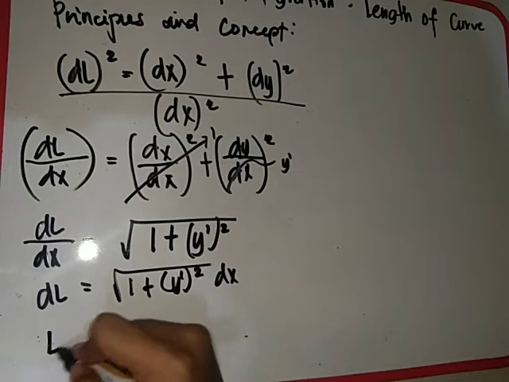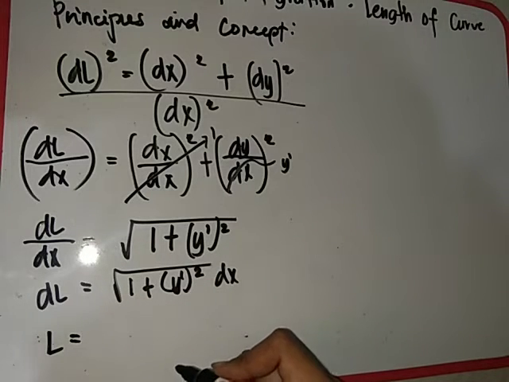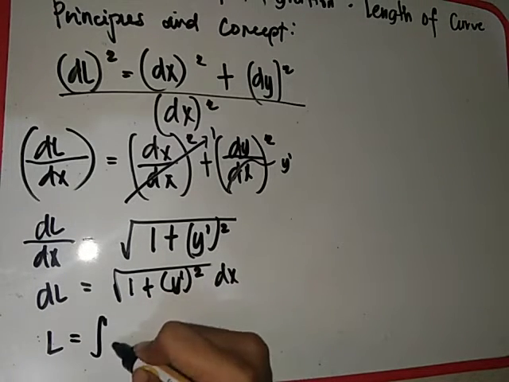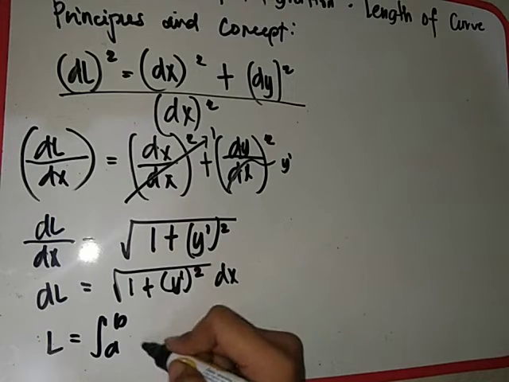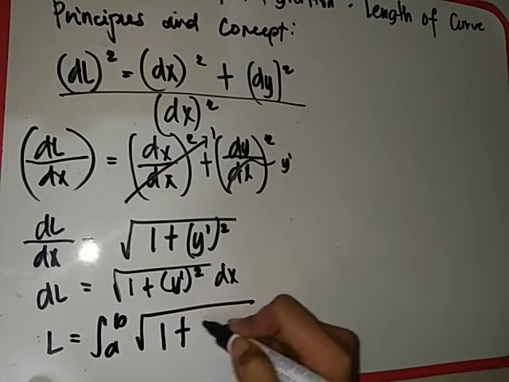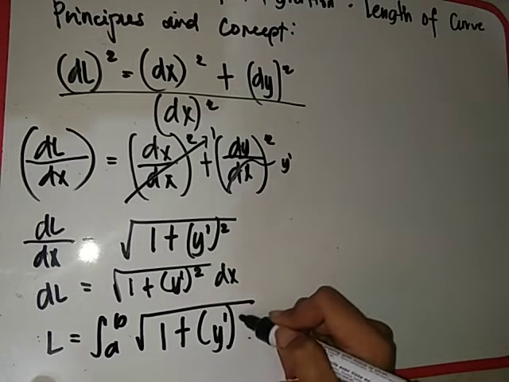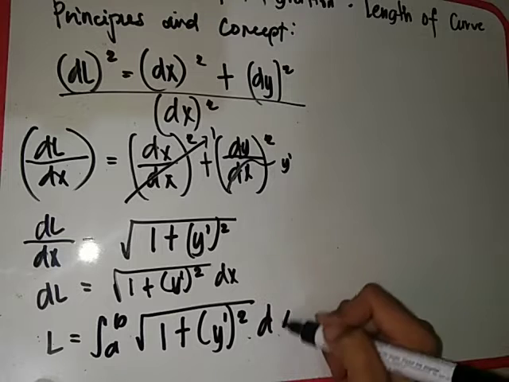So the length is equal to the integration from a to b of the square root of 1 plus y prime squared dx.